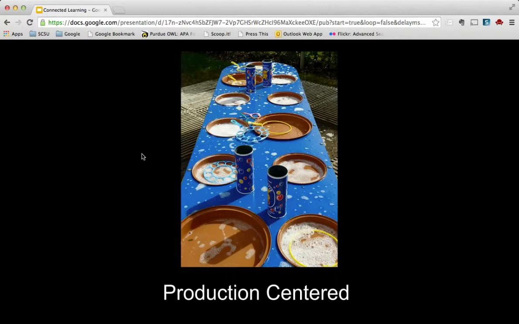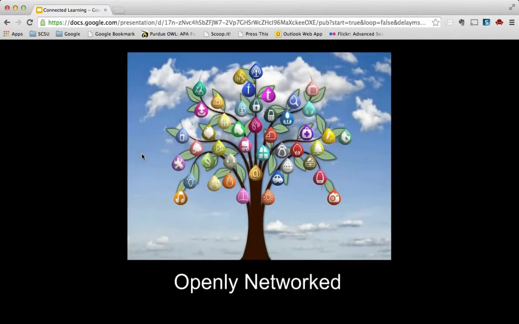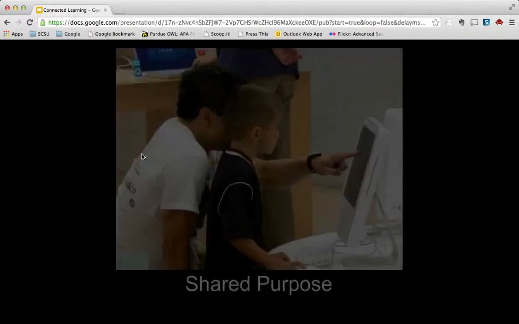Connected learning also builds on three design principles. The first being that it's production centered. Learning is a process of making meaning, remixing meaning, redesigning. We need to be hacking, breaking, and building. And also the second design principle is that we need to have an openly networked learning environment where we have institutions that are connected, not just schools, but they're connected to museums, they're connected to libraries, and they're all connected over the internet.